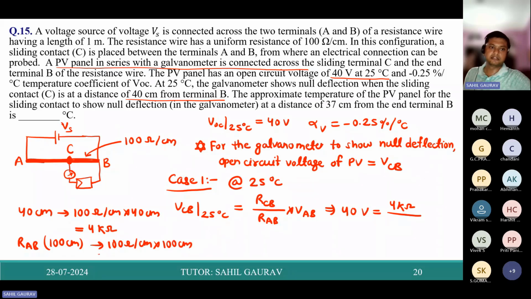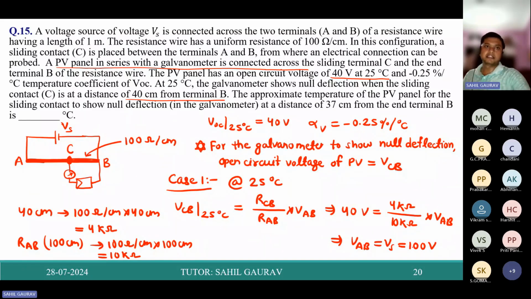So it will give you 10 kilo ohm. So 40 equals 4 over 10 into VAB, and you get the VAB voltage, or the source voltage, as 100 volt.